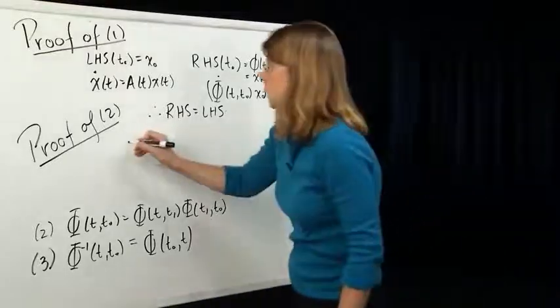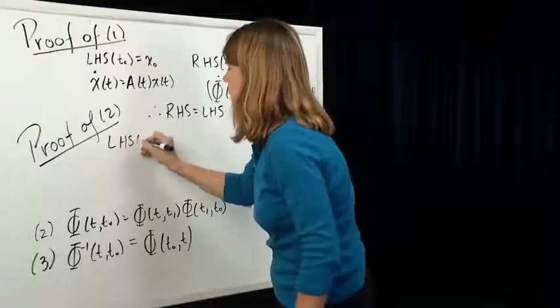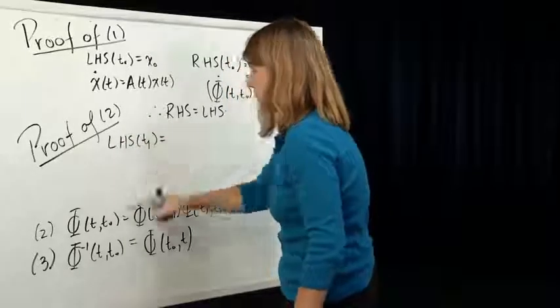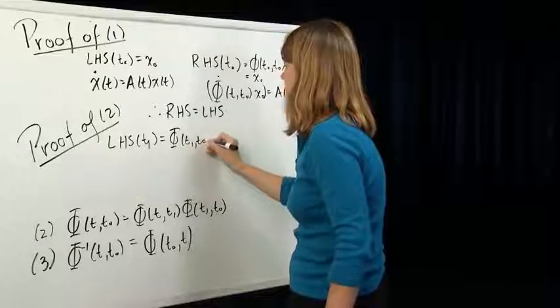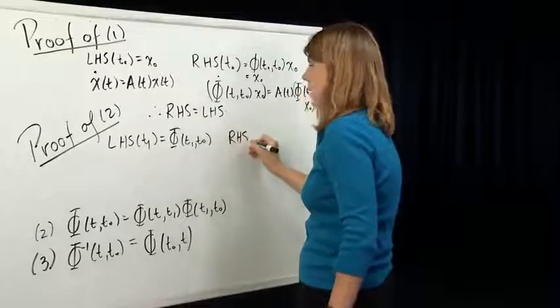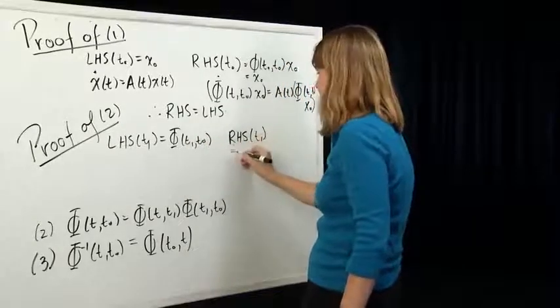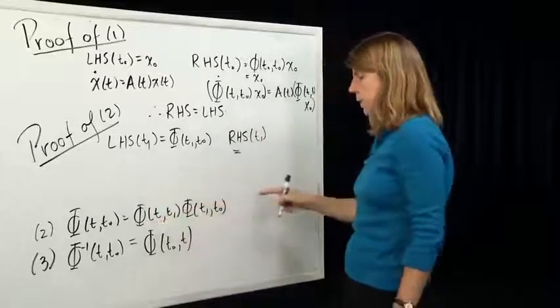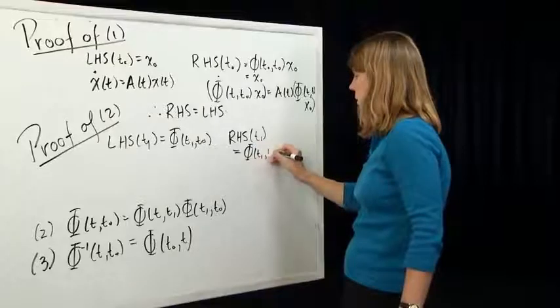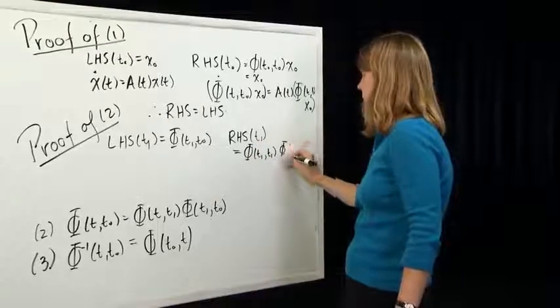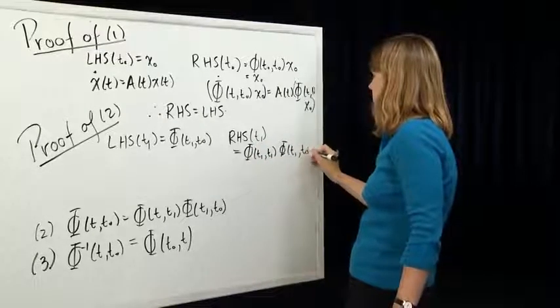So I'm going to show that they're equal to each other at time t1. The left-hand side is equal to phi of t1 comma t0. And the right-hand side at time t1 is equal to phi of t1 comma t1 times phi of t1 comma t0.